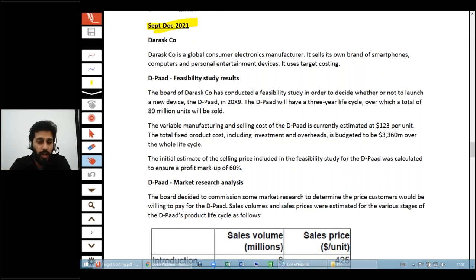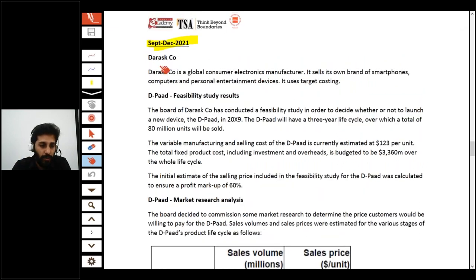Sorry for that. Now students, I am giving you just a 1 minute window to read this question from the start till this paragraph.